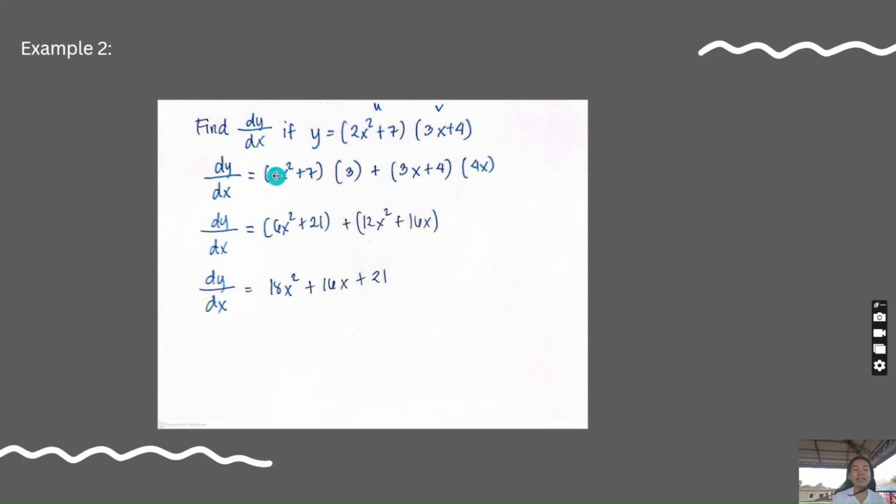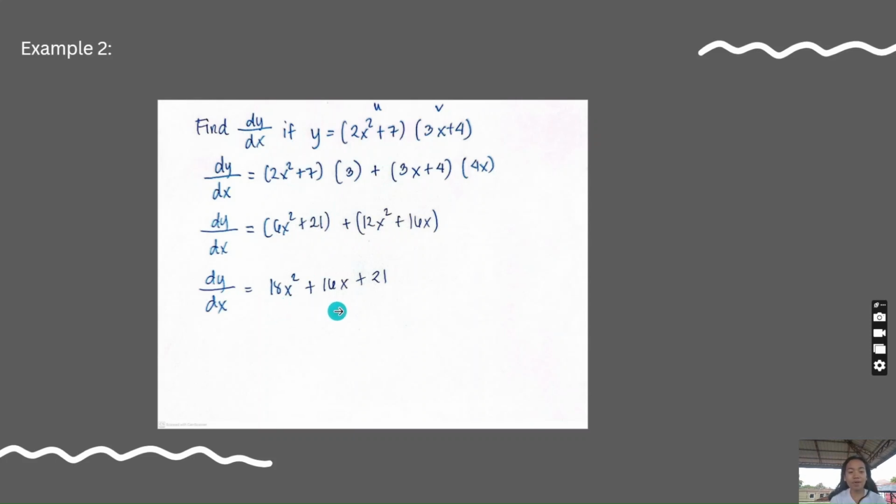So simply multiplying this here, 2x squared plus 7 times 3 gives us 6x squared plus 21, plus multiplying this one here, 3x plus 4 times 4x gives us 12x squared plus 16x. Summing it all together according to its variable, we see that 6x squared plus 12x squared can be added, so it gives us 18x squared.